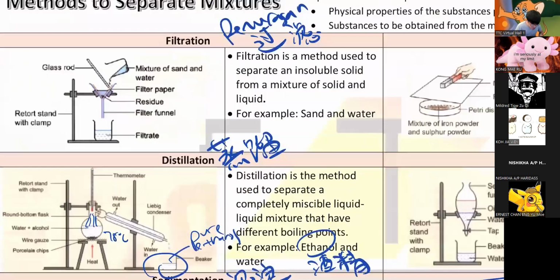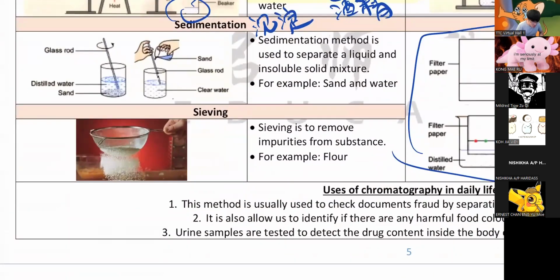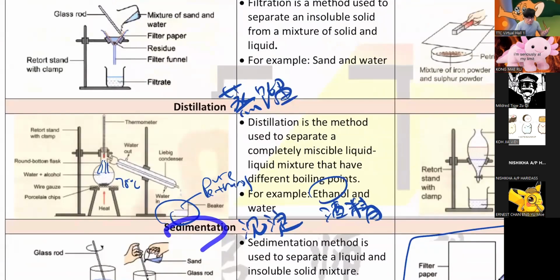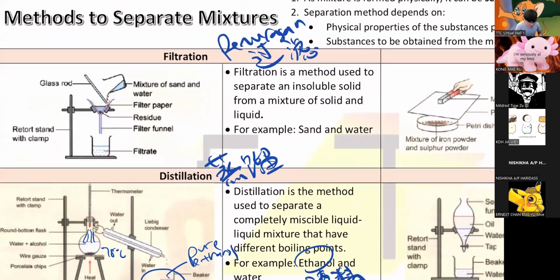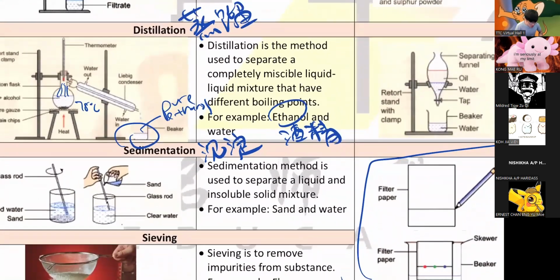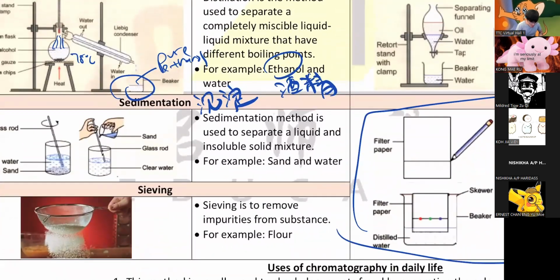So instead of using filtration, they will use sedimentation. Why? Because it's fast. How do you clean 5,000 liters of water in a very short time? You do sedimentation. You want to pass 5,000 liters of water through a filter paper? Well, that's gonna be really stupid slow. So this is how you separate sand and water.